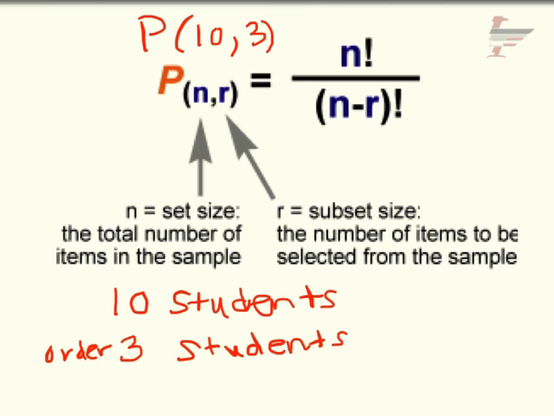That means I have 10 students and I want to know how many ways I can order them in groups of 3 if order mattered. Then your formula says to take n, which would be 10, factorial, which I talked about in the last video, over n minus r, which is 10 minus 3, and of course that's 7. And then we'll talk about how to multiply this out.